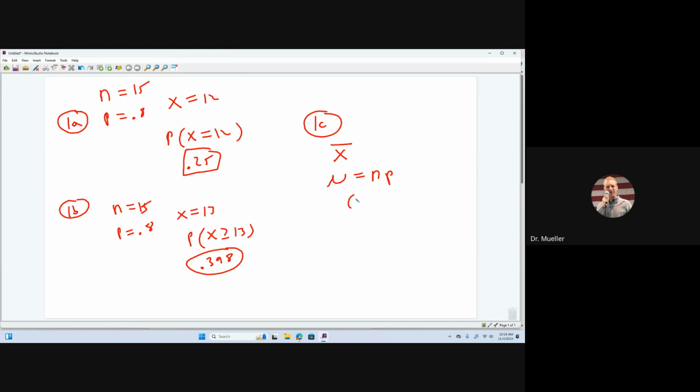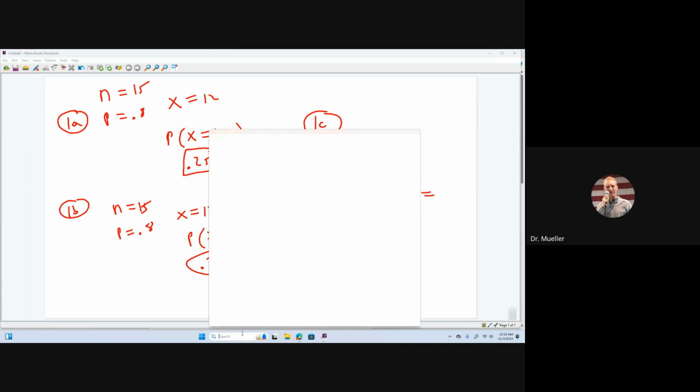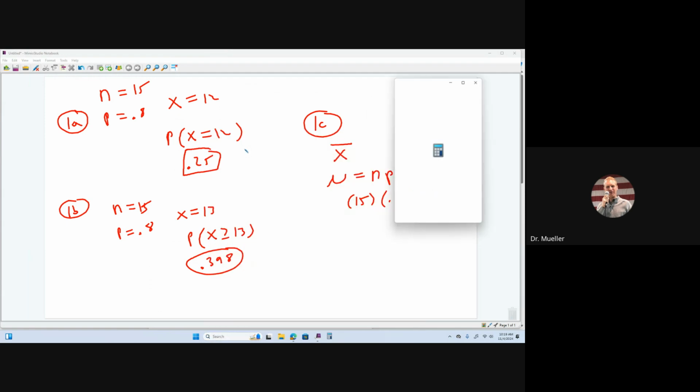In this case, n is 15, p is 0.8, so you just do 15 times 0.8. I'll grab a calculator here. 15 times 0.8, we get 12. So we would expect to see 12 cookies pass the test.